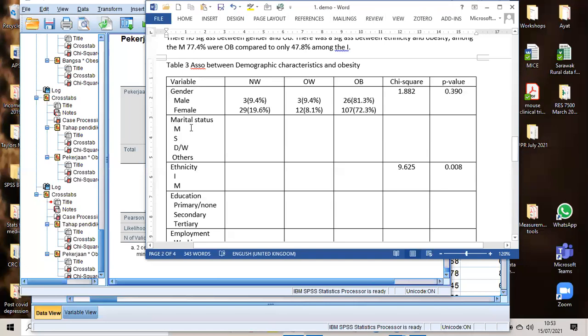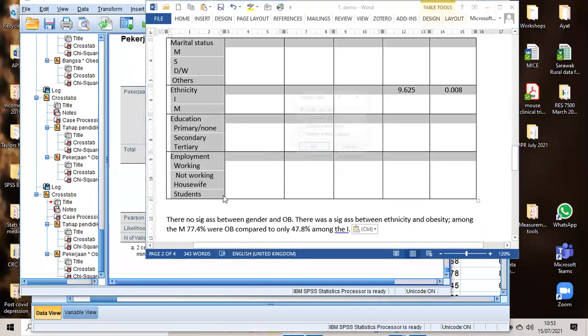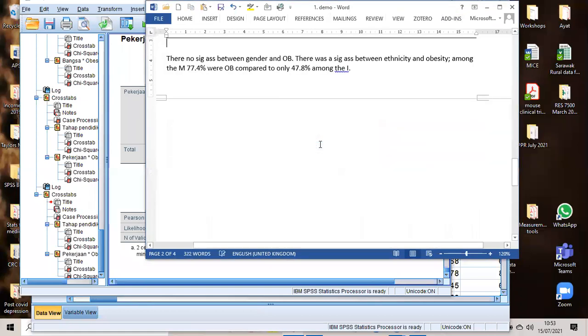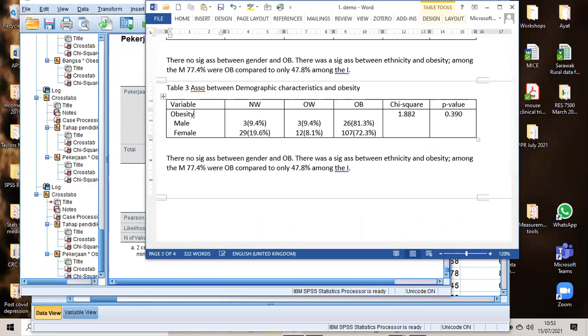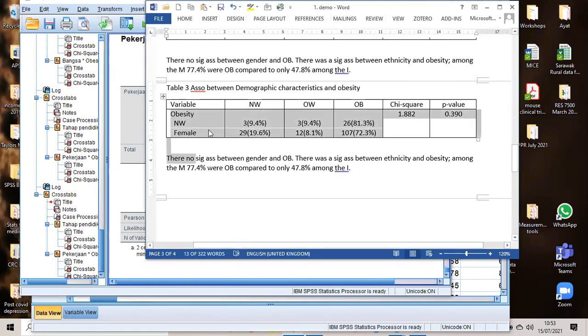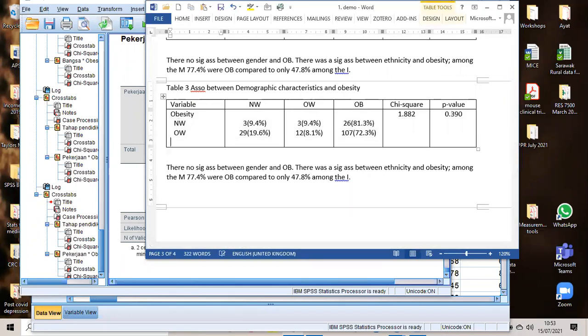So only one. Okay, obesity, how many levels do you have now? Normal and obese. Normal weight and obese. Normal weight, and then overweight, yeah, overweight and then obese.